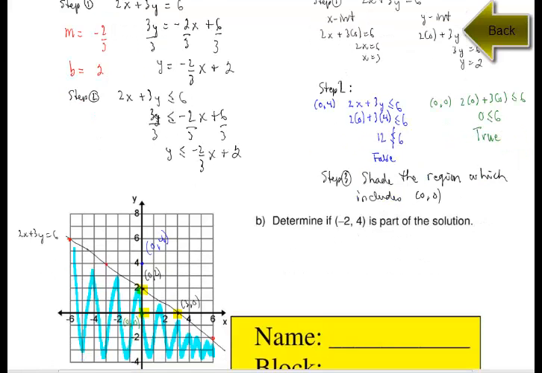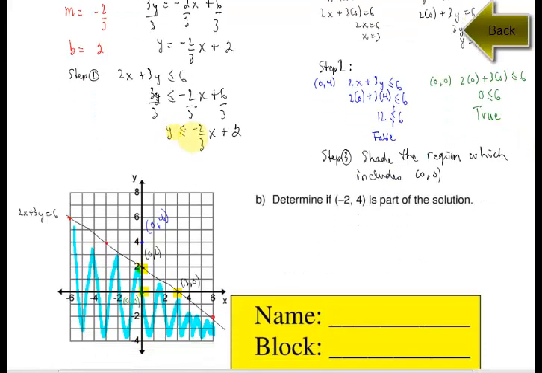Well, that less than or equal to gives us information. So that's our step 3. Step 3 says that if we have greater than, we want to shade the region above the line. If we have less than, we want to shade the region below.